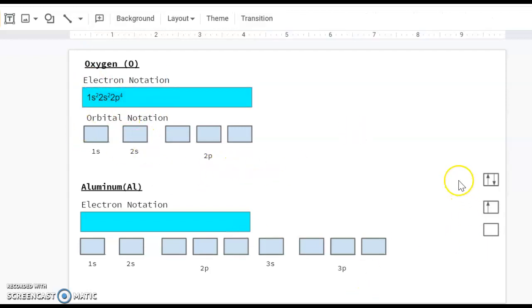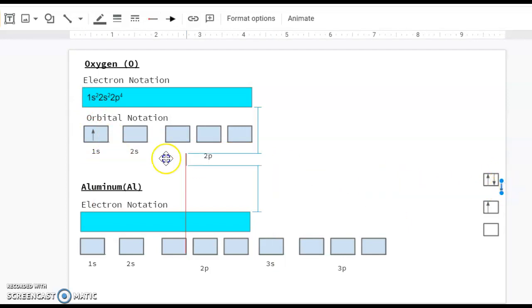For orbital notation, you're going to copy the arrows over here. You can do one arrow at a time if you'd like. You can copy and paste, and then drag your arrow over. So you start here. 1s has 2. You can copy the whole thing if you'd like to. This is just step by step. Here's 1s1, here's 1s2.